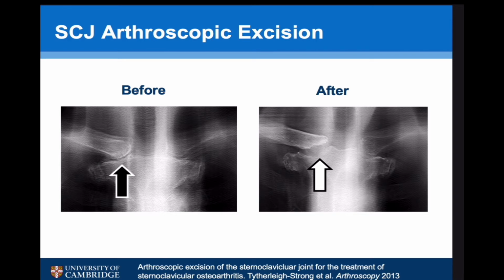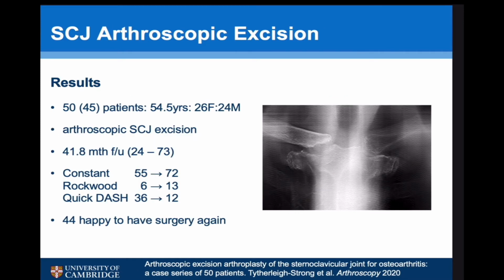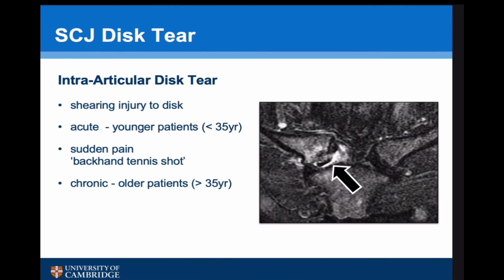On the left you can see the arthritic lower 2/3 of the joint, and on the right you can see where that bit's been removed. We've recently published a series of 50 patients who had SCJ arthritis that was refractory to non-operative measures, and 44 of them were happy after their surgery. Only 45 were available for follow-up.